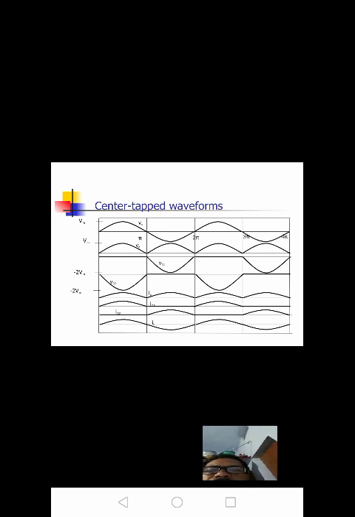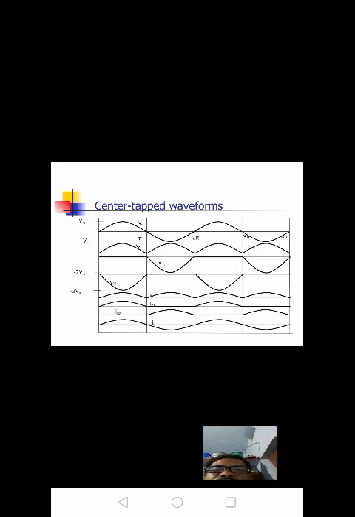For VD2, negative voltage appears across diode D2 when D2 is not conducting. The voltage across diode D1 when it is conducting is 0, because there is a short circuit condition. During the negative half cycle, a negative value should appear across diode D1. Similarly, when the diode is short circuited, the voltage across the diode is 0.